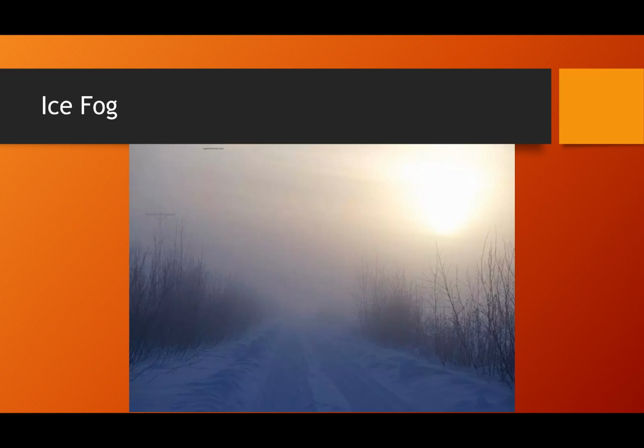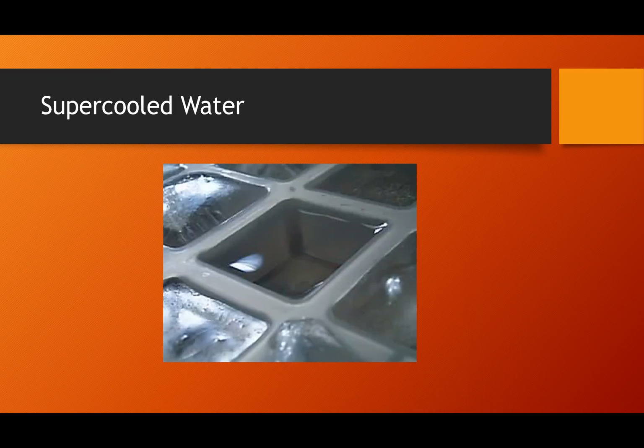In my experience it usually happens around -35, -40, and some other factors go into it too, such as the smog from the cars and the wood stoves. But generally, ice fog is due to homogeneous nucleation, not heterogeneous nucleation.